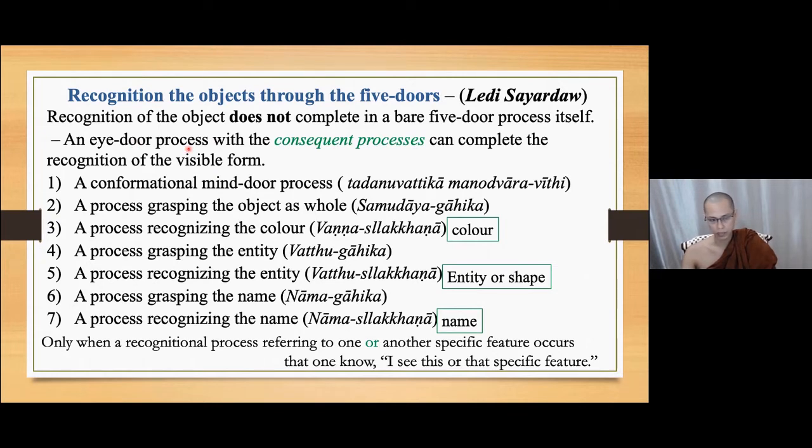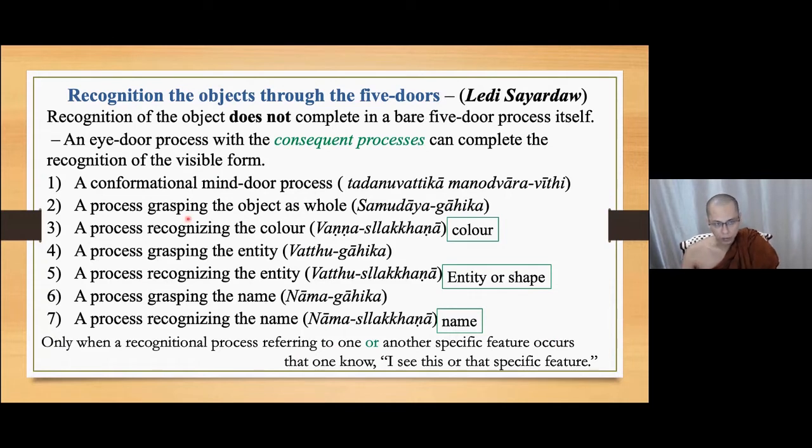But it does not mean all 7 always arise. Sometimes the Ottu Kahika is absent, or sometimes the Nama Kahika is absent. We see the color, and sometimes we see the shape. So that's why the Lerisiaro says only when there is a recognition process. So not all are necessary.